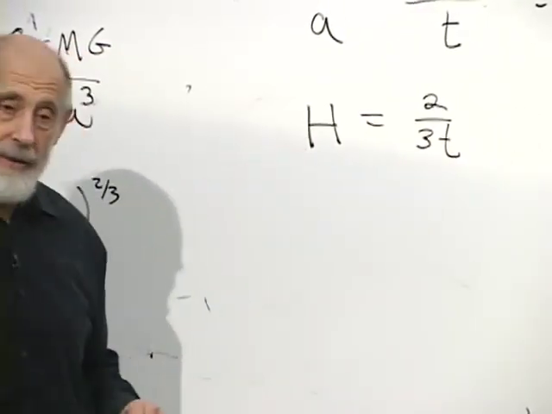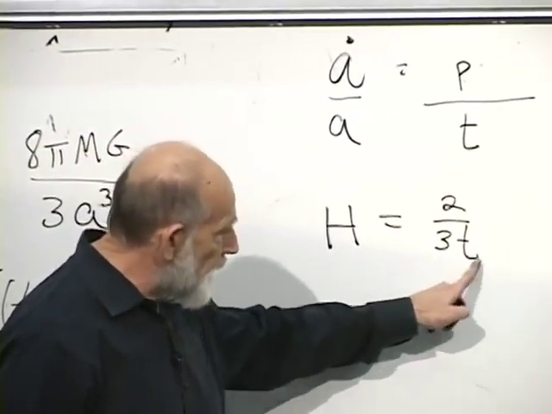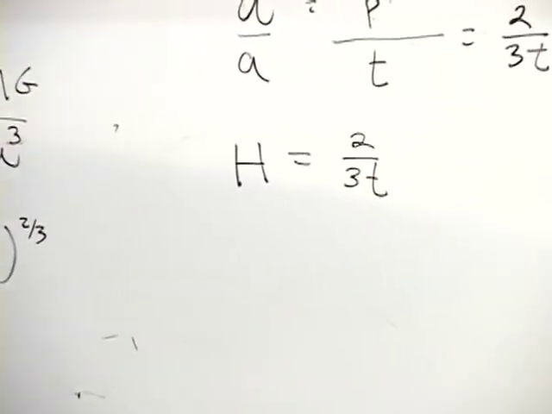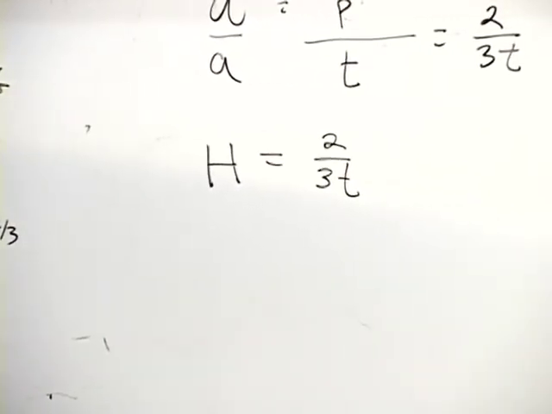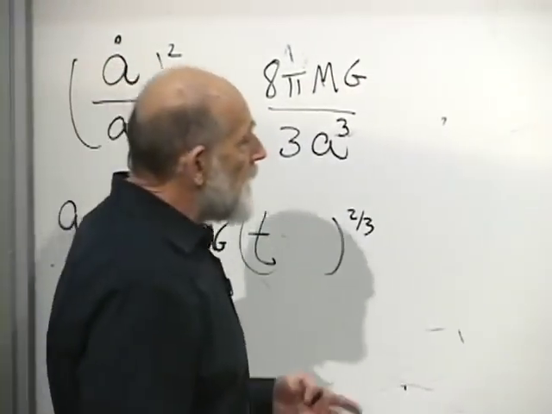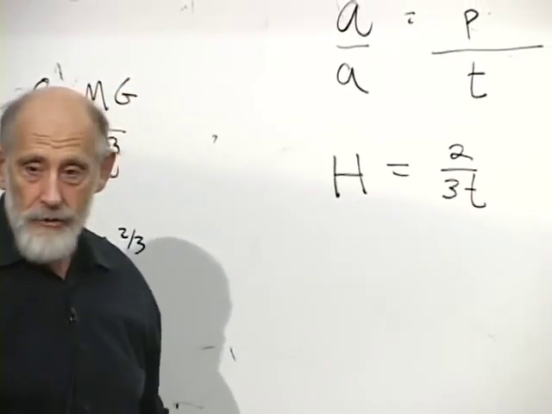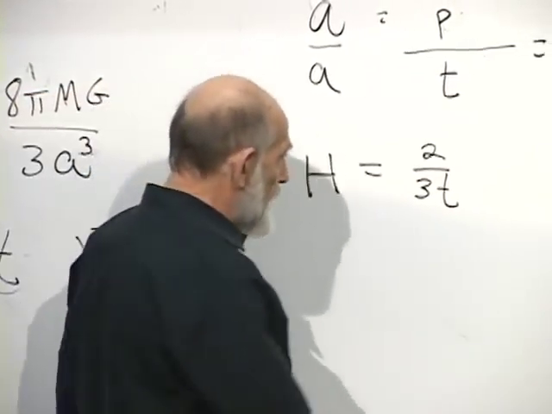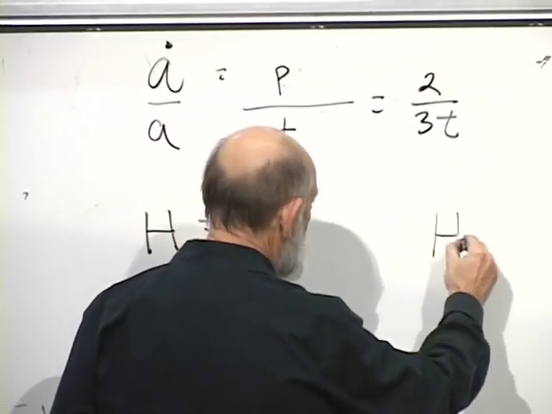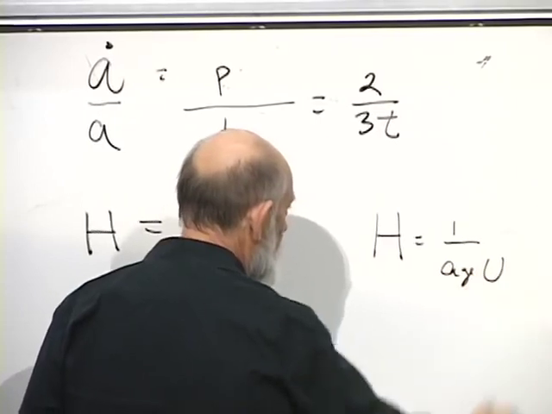The Hubble constant today is 2 divided by 3 times the age of the universe. That's what t is. t is the time from the Big Bang. And the Hubble constant is simply almost just 1 over the age of the universe. Approximately, apart from this factor of 2/3, the Hubble constant is 1 over the age of the universe.